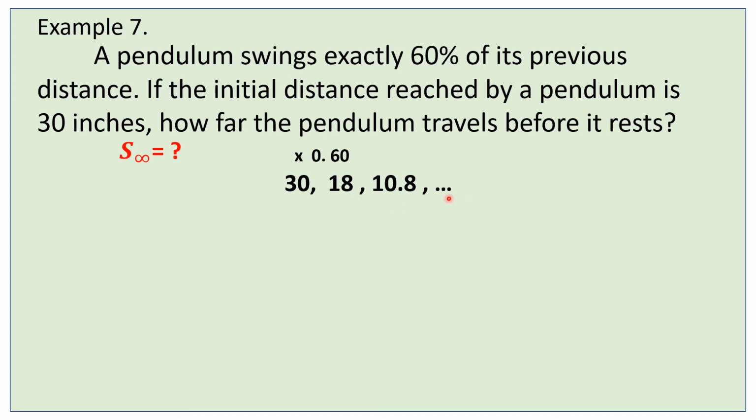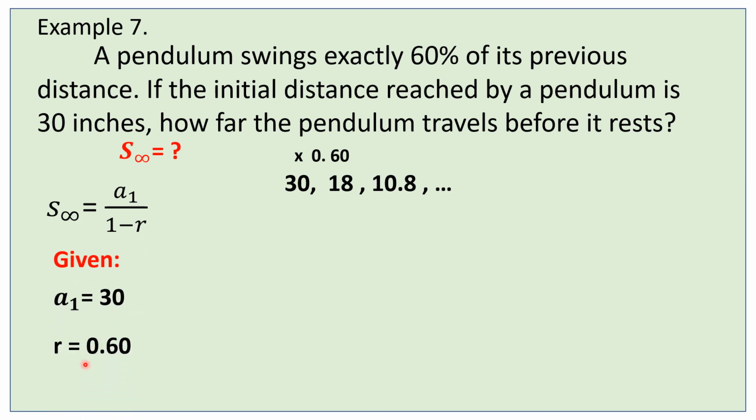And then, kapag kinuha din natin yung susunod na term, 18 times 0.60, that will be 10.8, and so on and so forth. So, para ma-solve natin yung sum ng infinite sequence na ito, we need to use the formula first term all over 1 minus the common ratio. So, ang first term natin ay yung 30 inches. Then, yung common ratio natin is yung minultiply natin sa bawat term, which is 0.60.